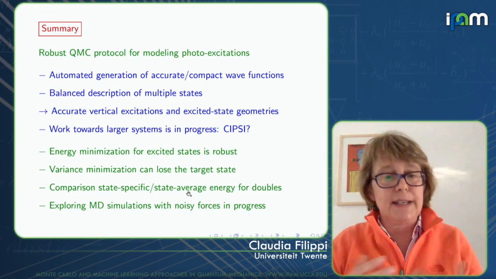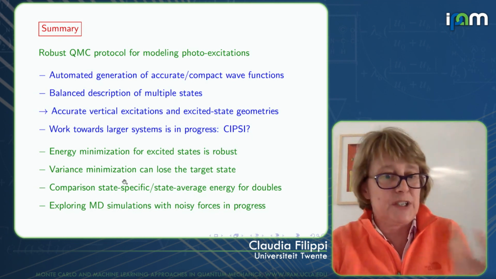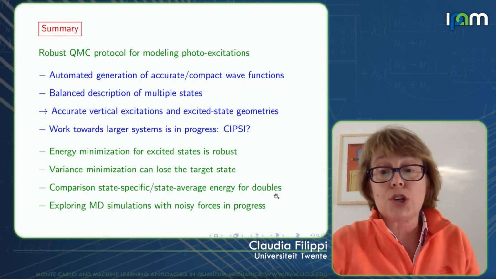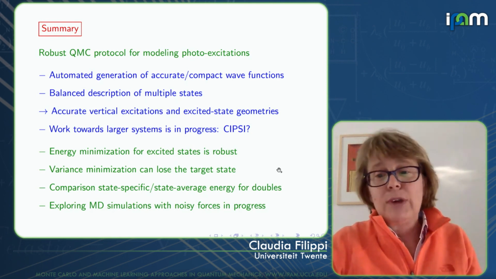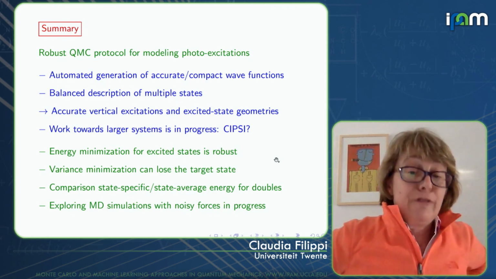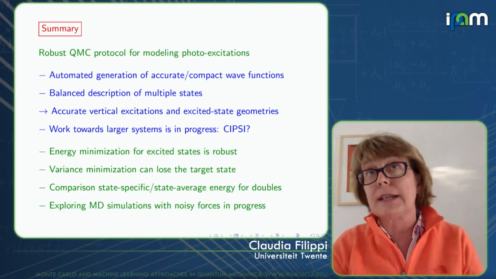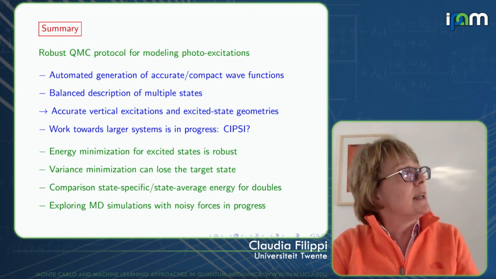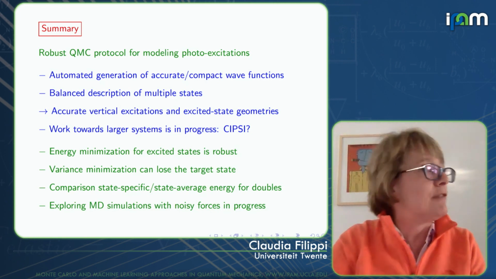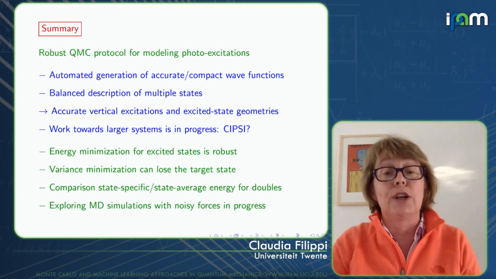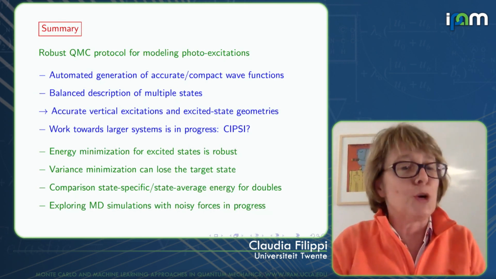For the systems we looked at, there is not much difference, but state specific is more appropriate and is surely very effective for double excitations. And we are currently exploring the use of forces in the excited state for MD simulation, but that's very much in progress. Looking at excited state relaxation also has the advantage that, not always but sometimes, the time scales are significantly smaller, so we have hope to actually do some MD there.